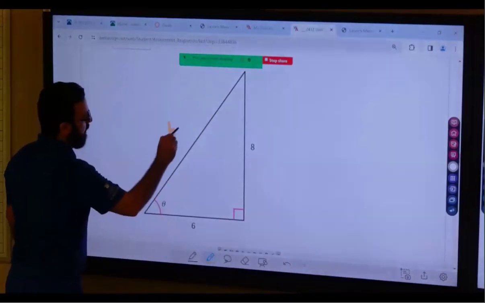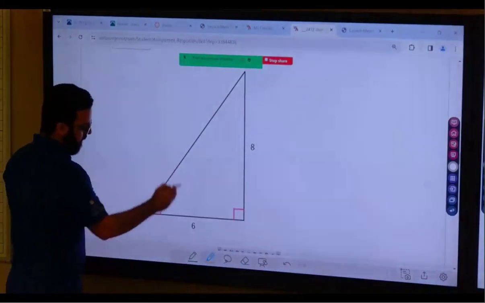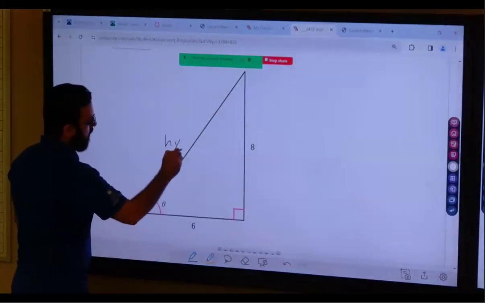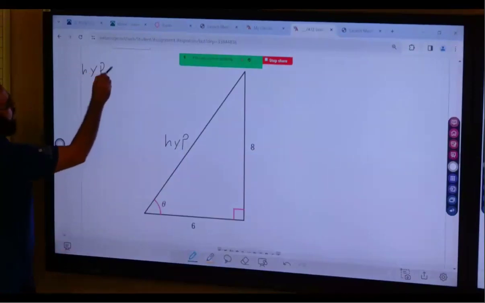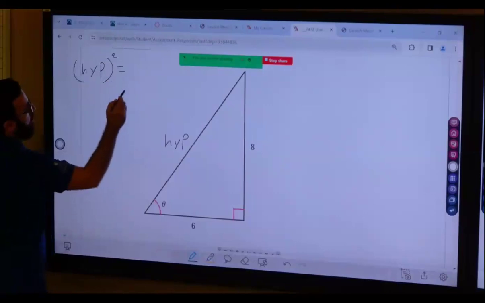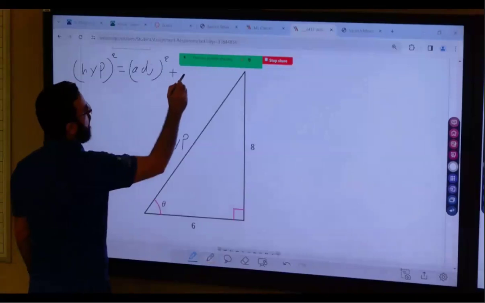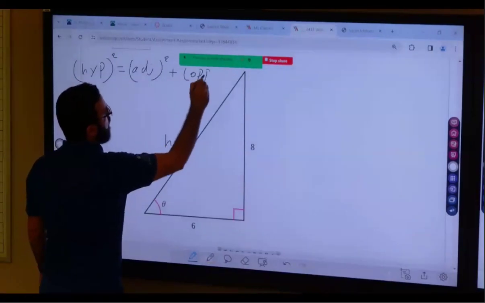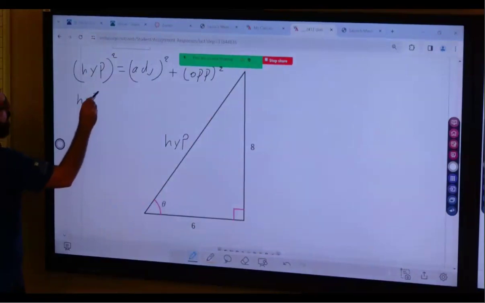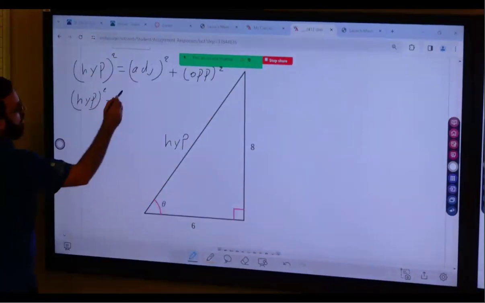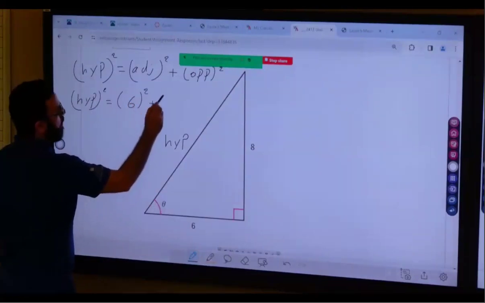We're going to say this side is... the Pythagorean theorem: the hypotenuse squared equals adjacent squared plus opposite squared. It's 6 squared plus 8 squared.